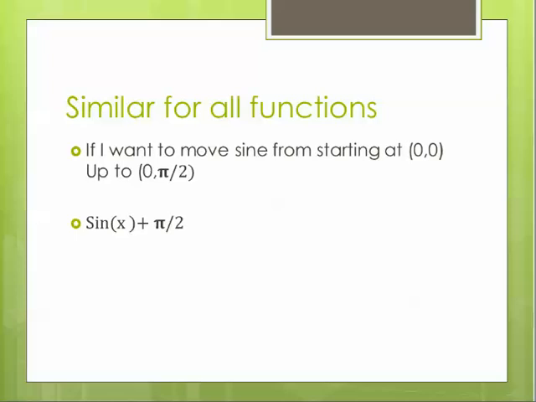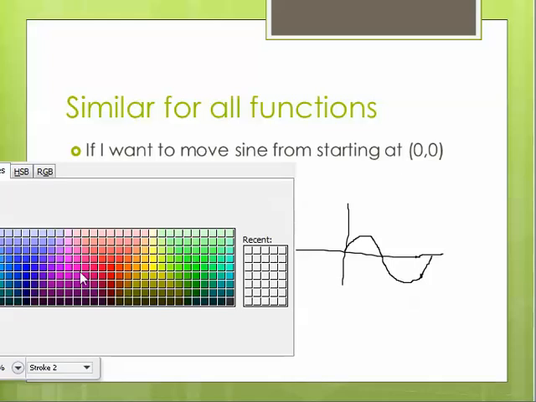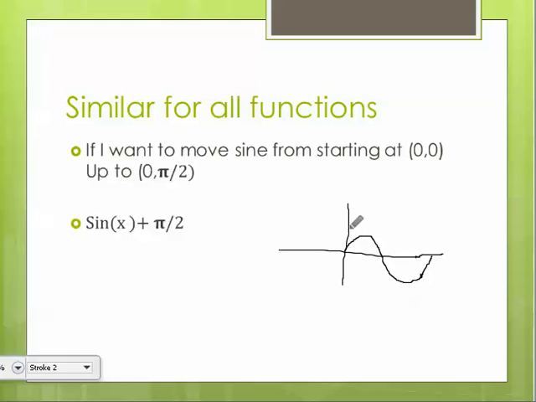So what would that look like? Let me just do you a quick little sketch here. This is my sine function that I've got normally, right? It repeats over and over and over again. Now, if I took this and I said I wanted to shift this up pi over 2, what are we doing? We're going up to here, up to pi over 2, and so we're doing this, like that.